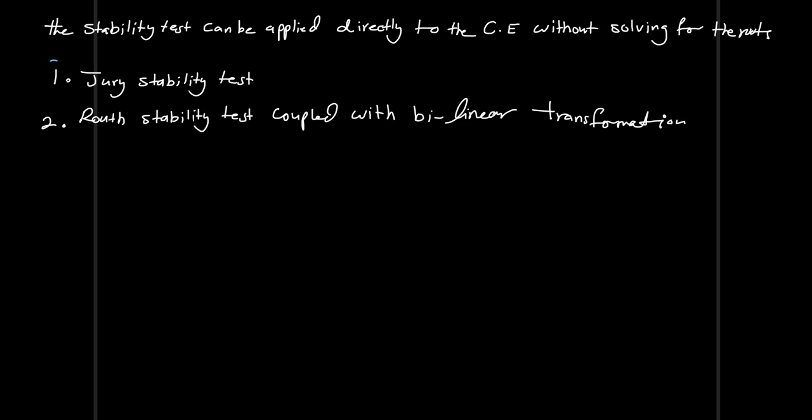So in this lecture, I will highlight the use of the Jury stability test to judge about the stability without solving the characteristic equation. So let's discuss the Jury stability test.